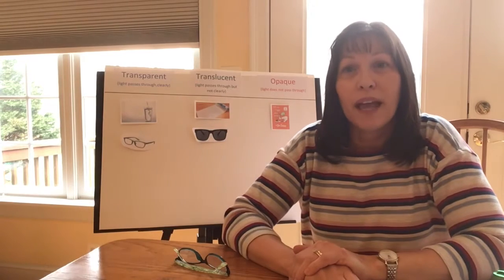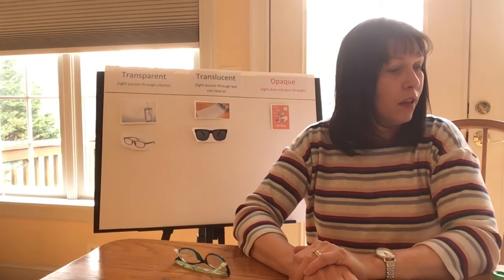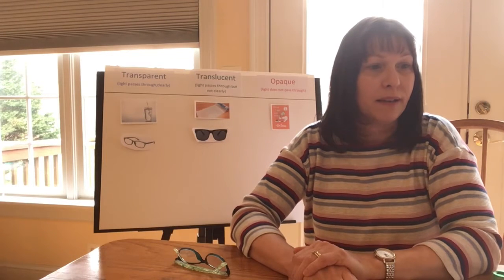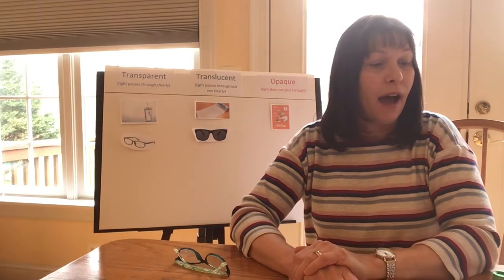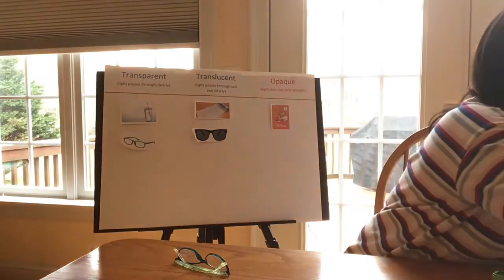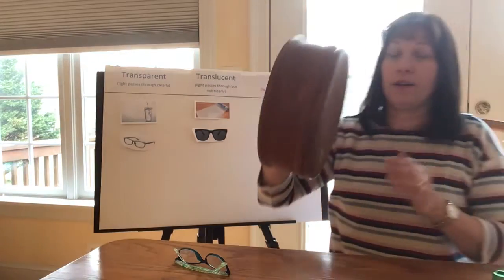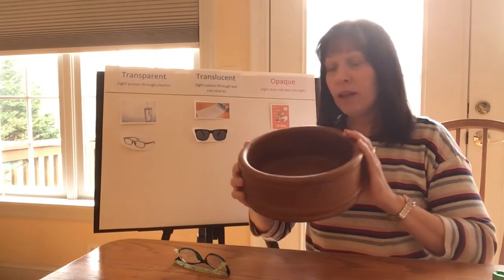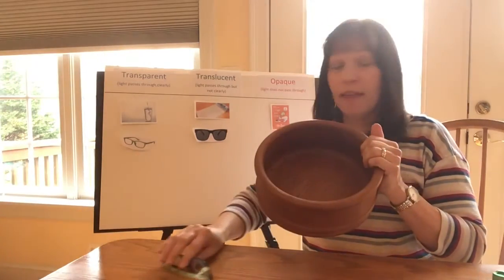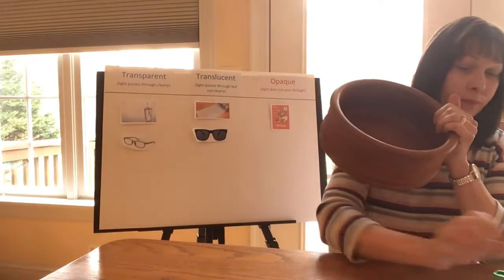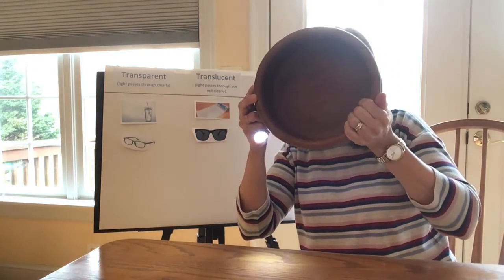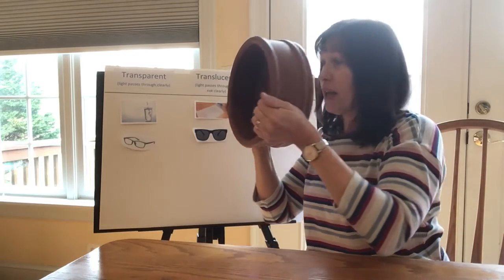Let's look for something else that I have. I have lots of things here. Let me pick something different. I have something made of wood. It's actually a wooden salad bowl. Look, I cannot see through it. No, I can't.